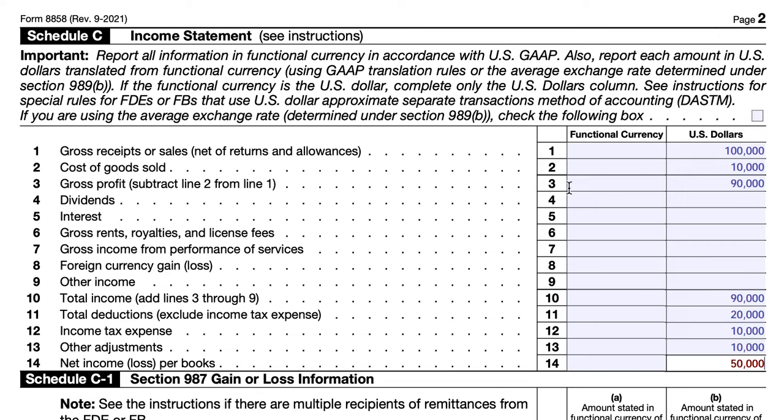So then you would translate that into Canadian currency, and let's just imagine that the exchange rate currently is 1.2 Canadian dollars for every US dollar. Then you would simply translate this into Canadian dollars.